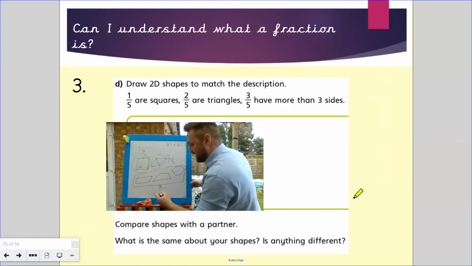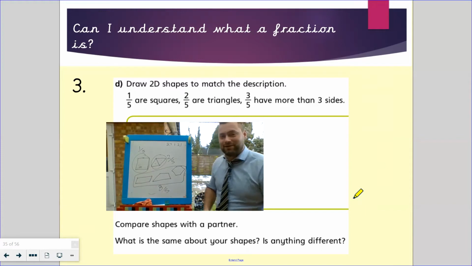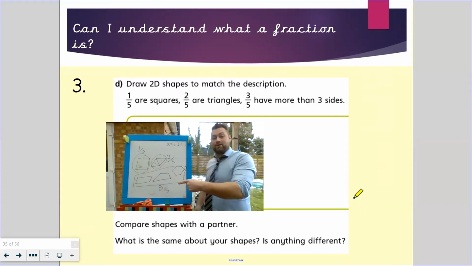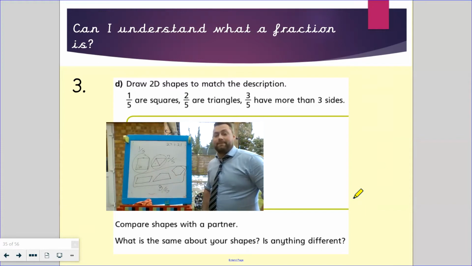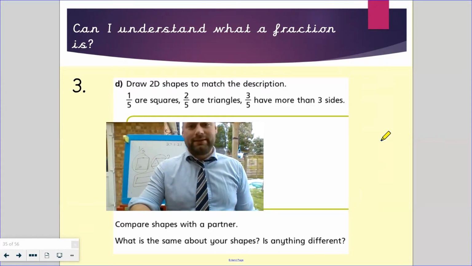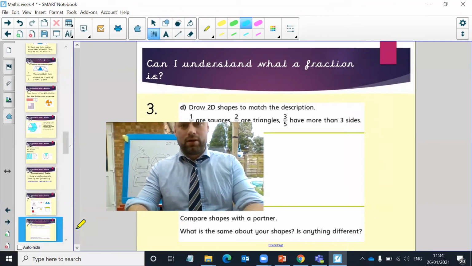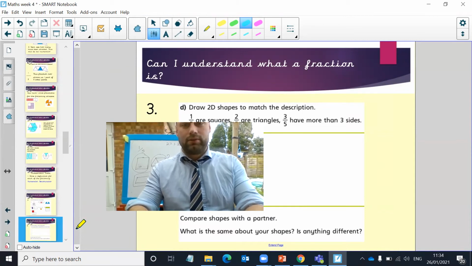We have 3 out of 5. I apologize for getting that wrong at the beginning of this question. I misread it. But that is the correct answer. That's what I'm looking for here. Okay, so your shapes may differ to mine, especially towards the end. But all in all, that is what we are looking for.